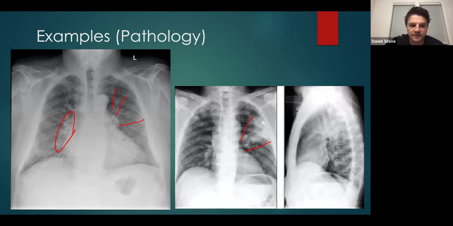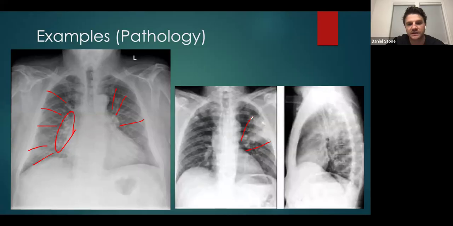However, I will say that usually I don't really look at it that way. I look at it more that it starts centrally and works its way out. The way that can be appreciated is the fact that the hila is a little bit more dense, but also that the densities in the ground glass that you can notice are more dense in the central portion than in the periphery.